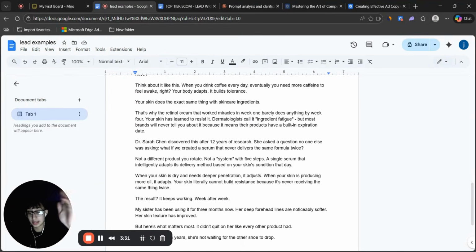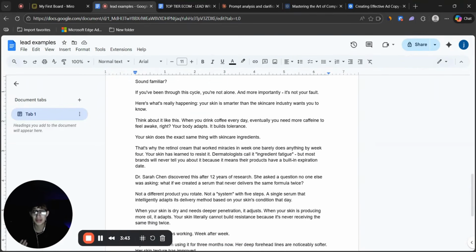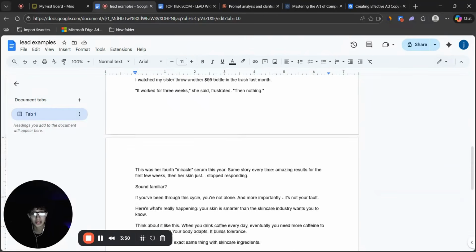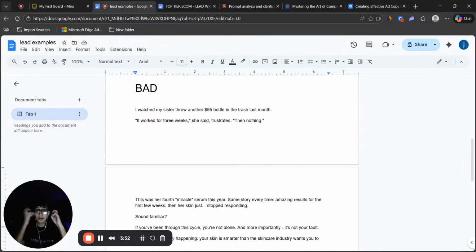On the 14th line, we finally get to what this serum is actually for. "Her deep forehead lines are noticeably softer." Guys, read this. It doesn't ever get to the point. It takes forever to actually tell the reader what kind of serum this is, because no one just knows what a miracle serum is.